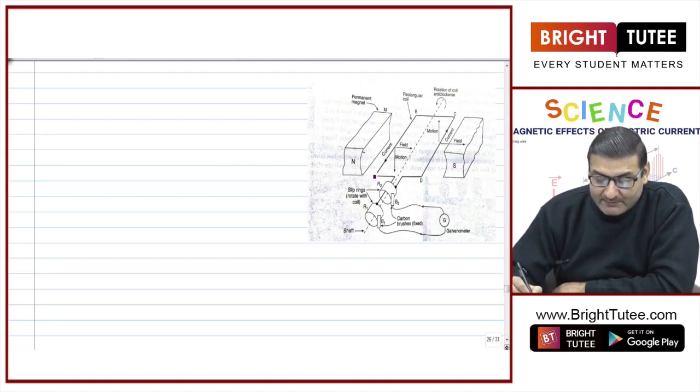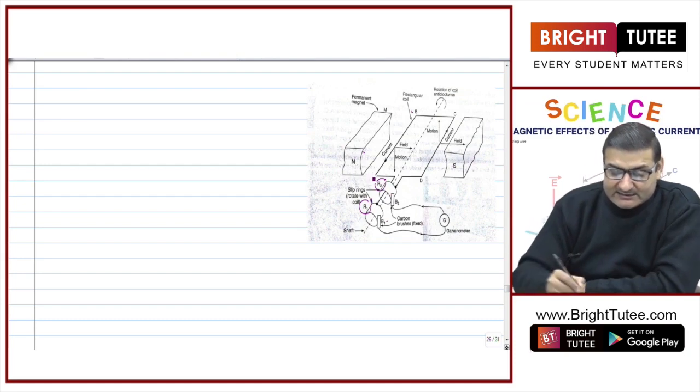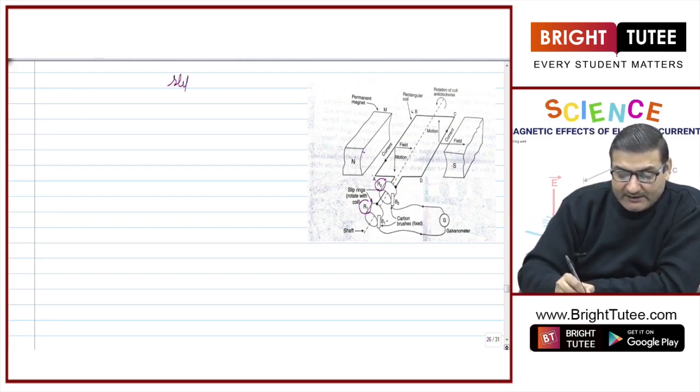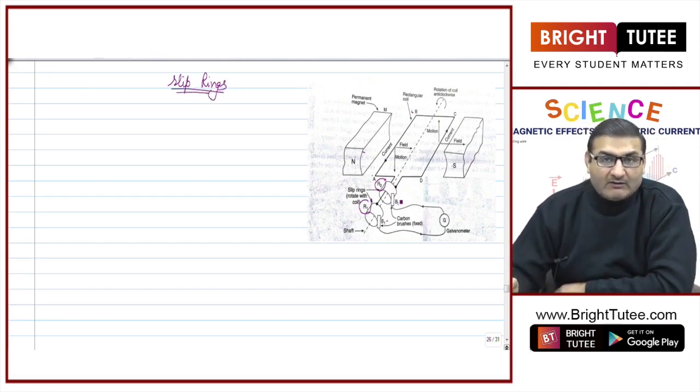We'll take the same ABCD, a rectangular coil. We will take the same B1 and B2, the carbon brushes, but now there is a difference. This R1 and R2, now instead of split rings, we have taken slip rings. Now this will create a lot of difference.